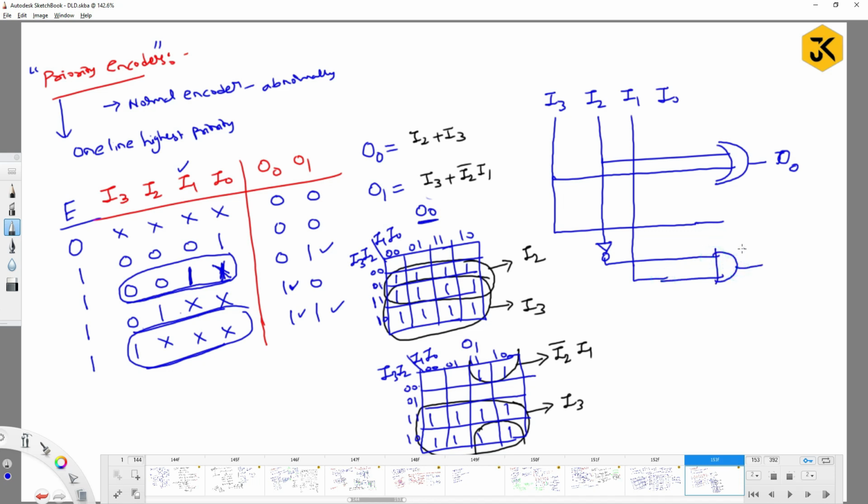So here you get I2 bar and I1, and I use an OR gate to get O1. Here I0 is not connected, so we expect only the outputs O0 and O1. So this is the corresponding circuit diagram for the 4 to 2 priority encoder.